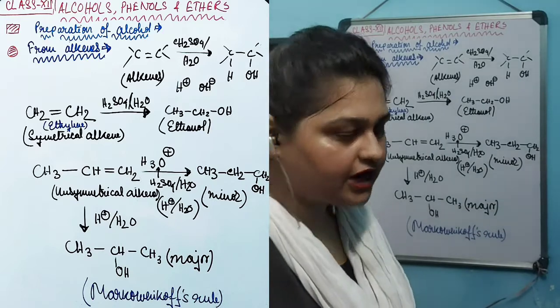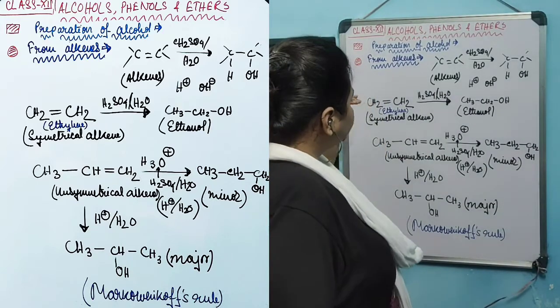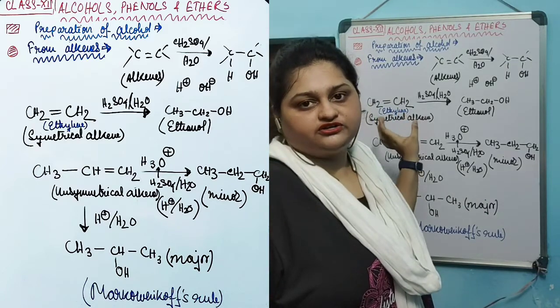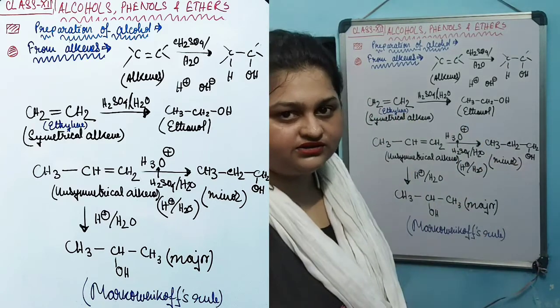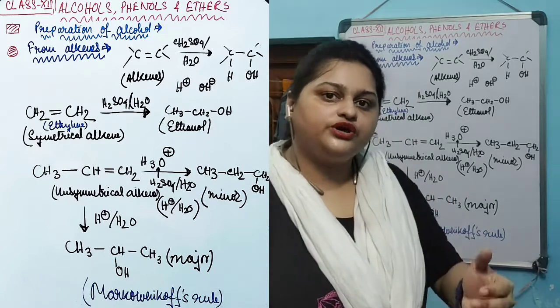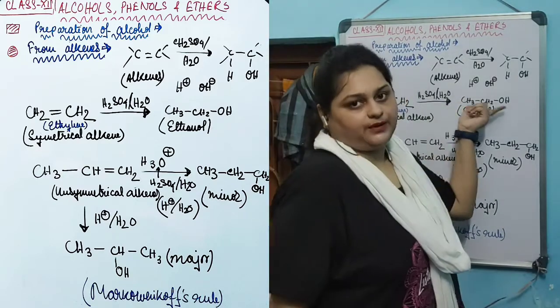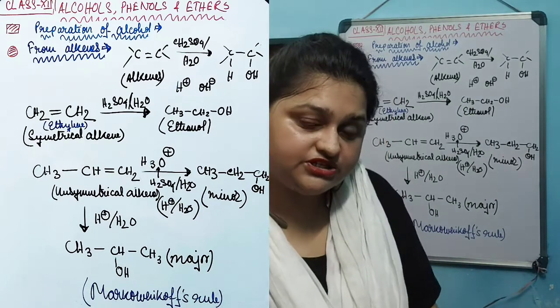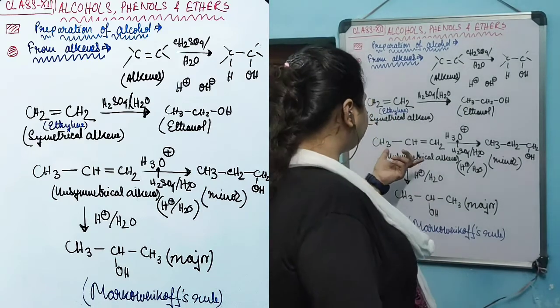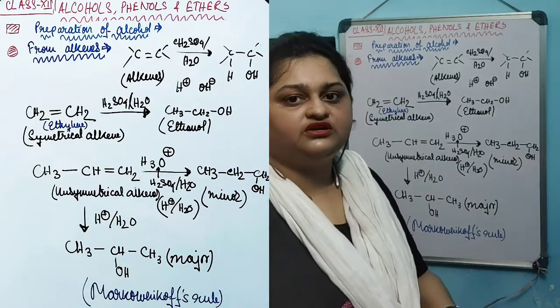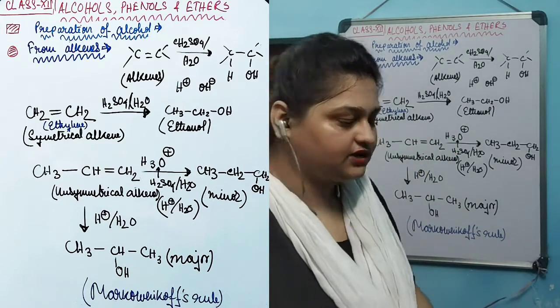When a symmetrical alkene is taken, as both double bonded carbons are symmetrical with one another, you add OH to any of the carbons, and the product that will be produced is the same. But when you take an unsymmetrical alkene, both double bonded carbons are not symmetrical in nature.